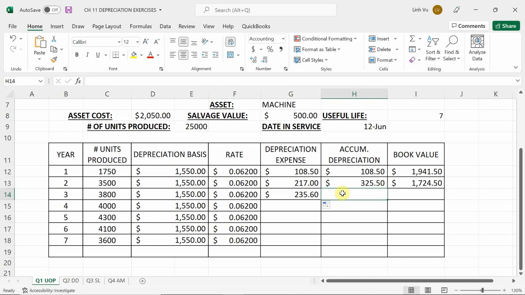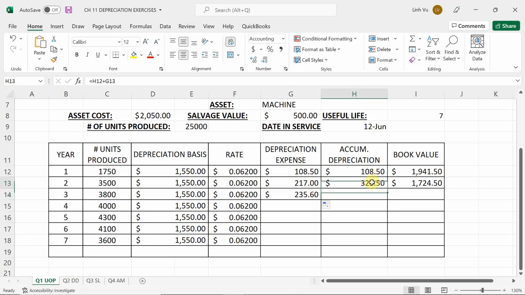So now we do the accumulated depreciation, previous year plus this year. It's 325.50 add 235.60.